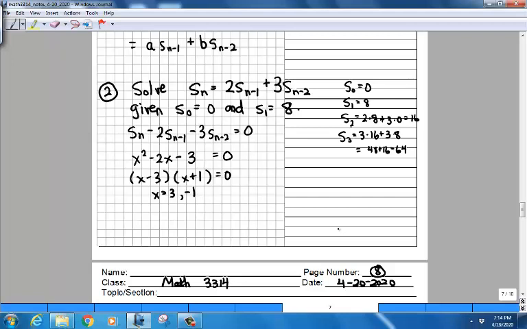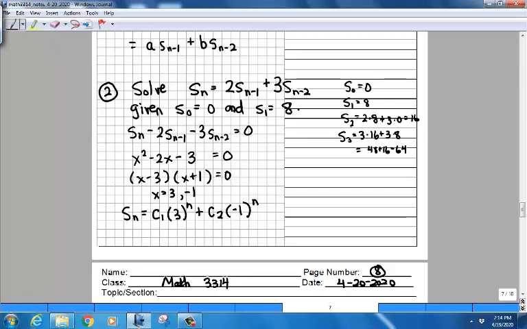Once you've got those two solutions, you're essentially home free. You know that S sub n is going to be some constant times that first root to the nth power, plus a second constant times the second root to the nth power.